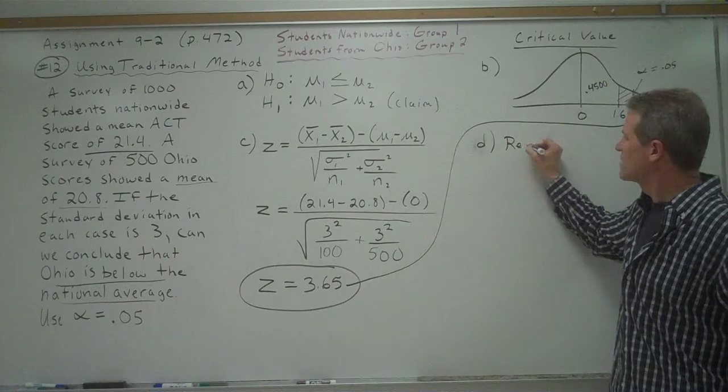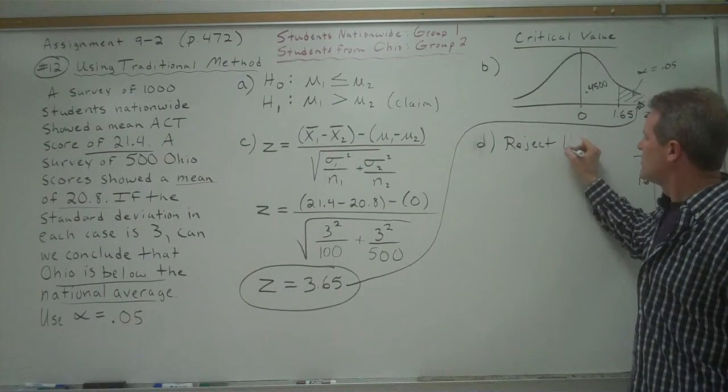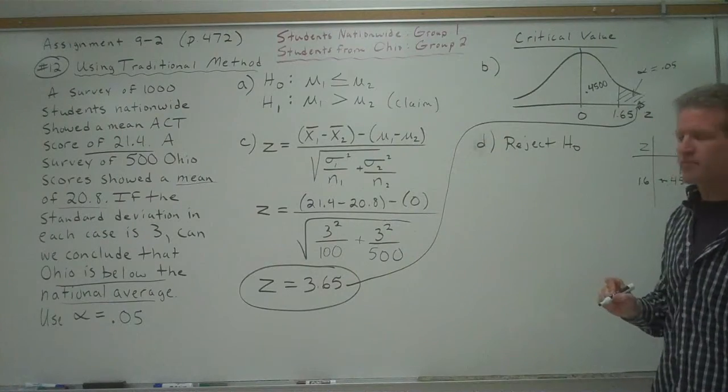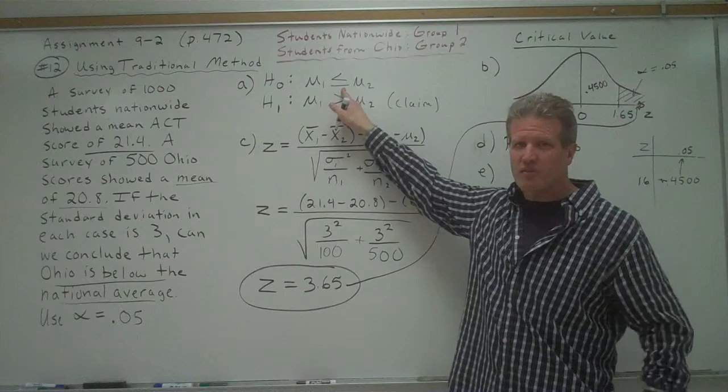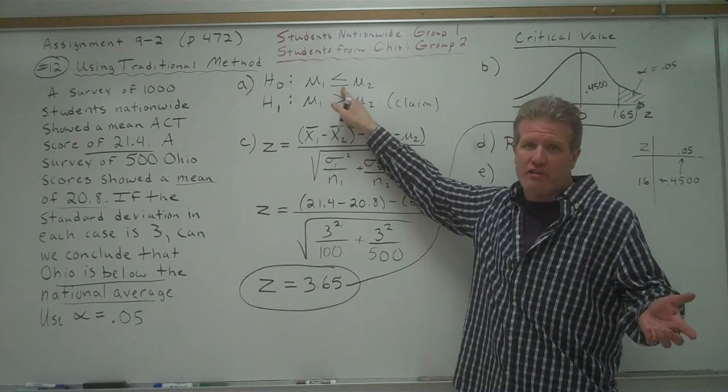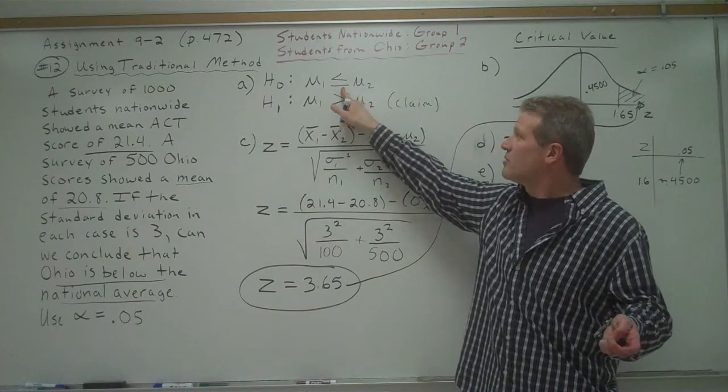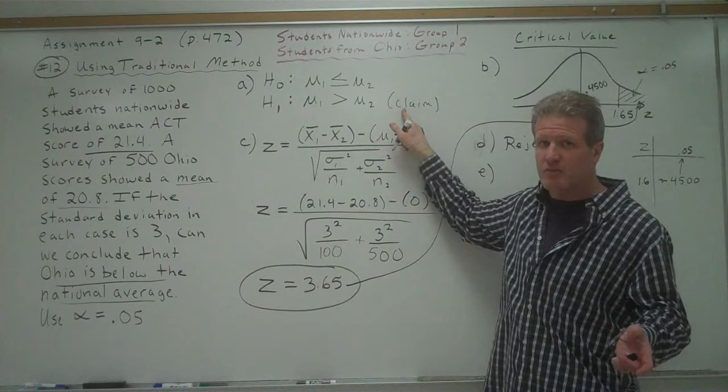So I say reject the null hypothesis. So I'm rejecting the null. If I'm rejecting the null, I'm thinking it's incorrect, it's wrong, it's false. So that means I would support my claim down below on the other line.